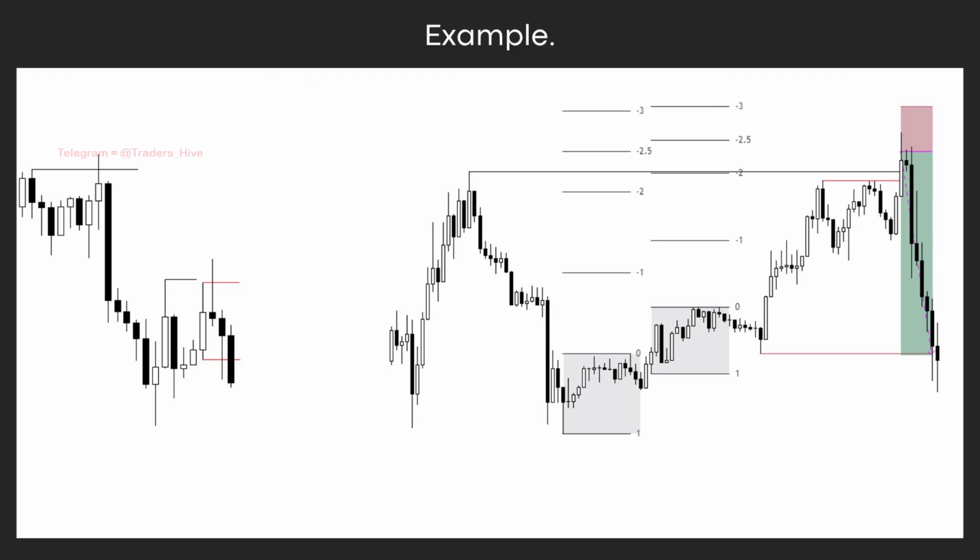After forming that, the next candle straight away purged that candle high, and that candle precisely became our candle range, or CRT, which is going to act as an anchor point for us to frame our entry. So our key level here was this high right here and that order block that you can see on the left, and you can see that it was purged at a key time.